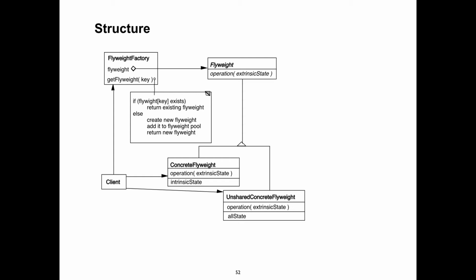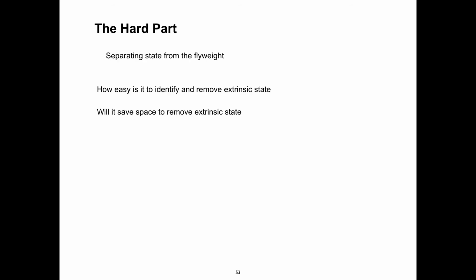Of course, then the complication becomes when you want to deal with the object, right? All the intrinsic state is somewhere else, and then we need a mechanism to grab it, bind it back together when we need it. The hard part is figuring out what we can pull out, right?